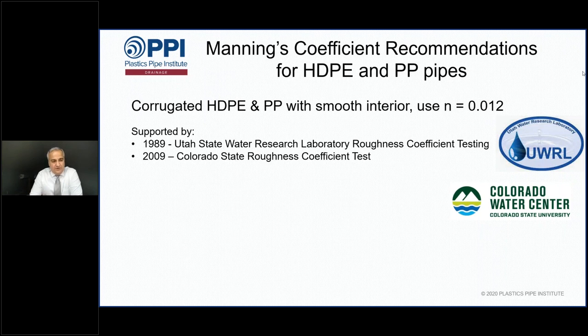This has been supported over the decades of research that's been conducted both at Utah State Water Research Lab as well as Colorado State and their water center there, and it's been supported over a variety of diameters and again over time. So that's where we came to rest as an industry recommendation.